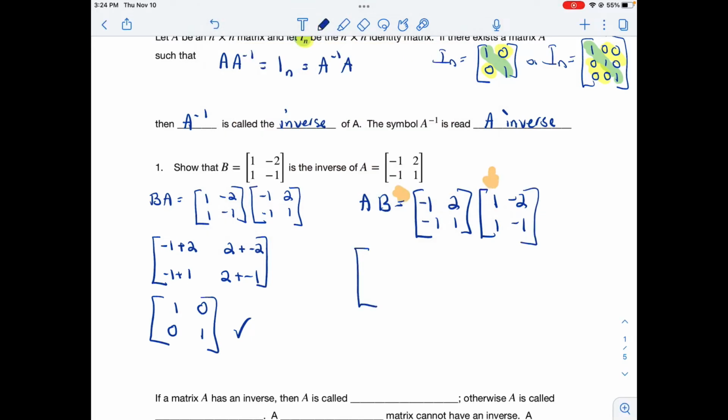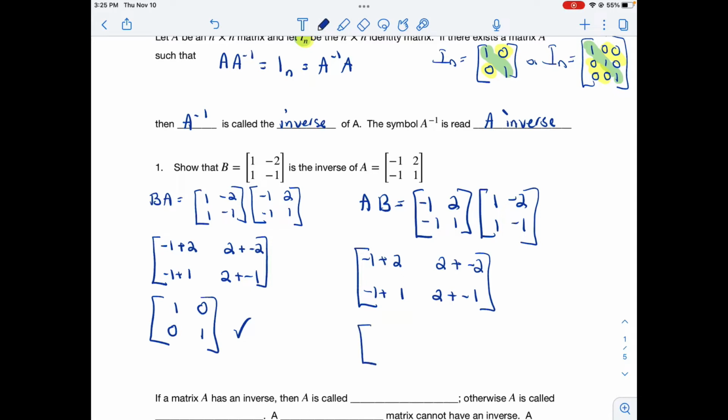Okay, our first row, first column entry will be negative 1 plus 2. And then for my first row, second column entry, I will get 2 plus a negative 2. Now moving down to my second row, first column, I get negative 1 plus 1. Now second row, second column entry gives me 2 plus a negative 1.